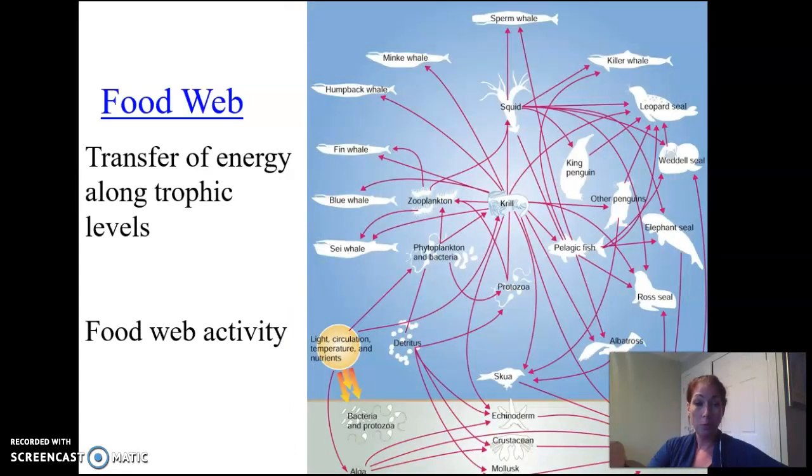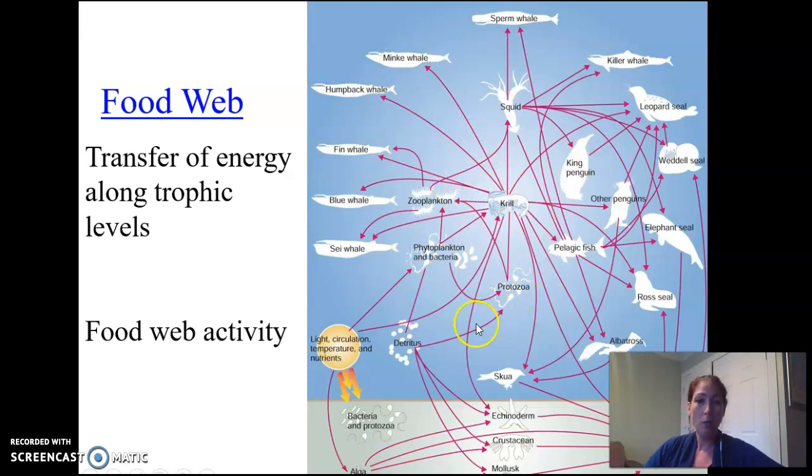Now, that showed a food chain where one thing eats another thing eats another thing, but that's not really a good representation of what happens in nature, because in nature things are so interconnected. So for instance, if you take a look at krill right in the center, we can see that he is food for 1, 2, 3, 4, 5, 6, 7, 8, 9, 10, 11, 12, 13, 14, 15, 16 animals in this food web.